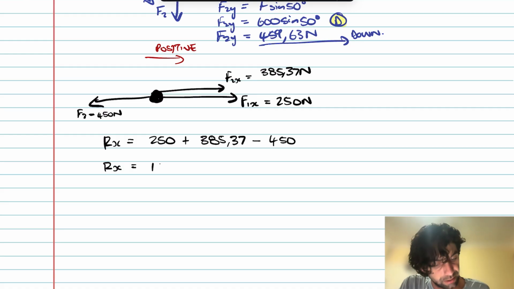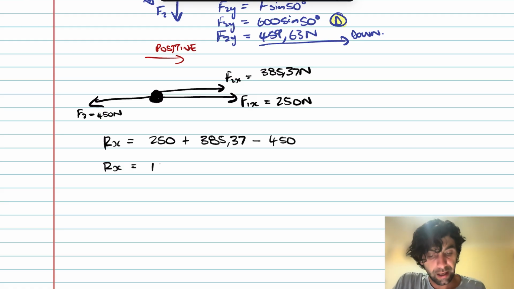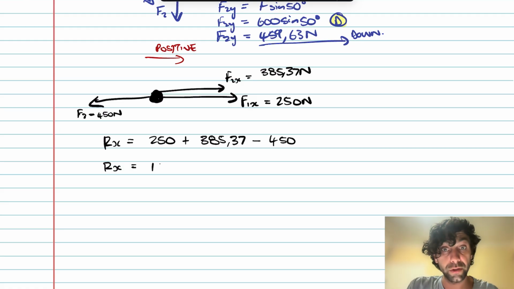And again, because it's negative, it means that it's acting downwards. Okay, so what do we have? We have this Rx, which is acting to the right, and we have this Ry, which is acting downwards. And now we want to find the resultant of those two forces.